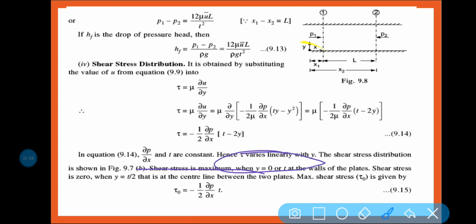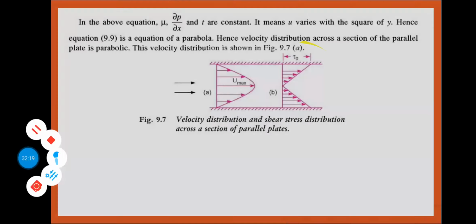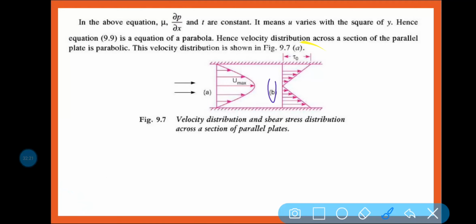When y is equal to 0 or t, at the wall of the plate, the shear stress is maximum, and it is 0 when y is equal to t by 2. That is the central line between the two plates. Maximum shear stress tau naught is given by tau is equal to 1 by 2 del p by del x into t.